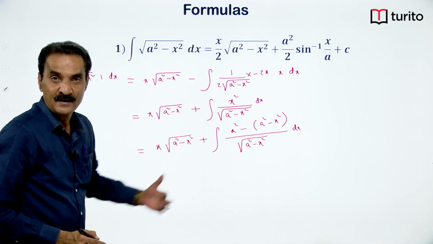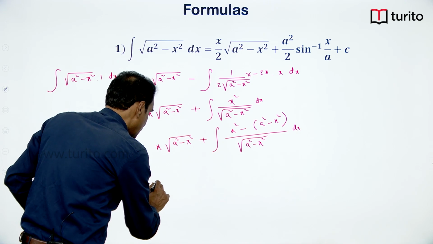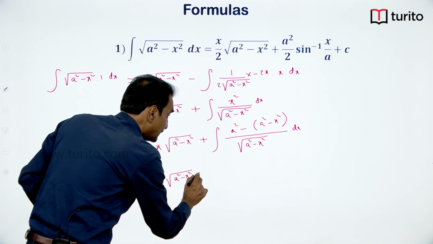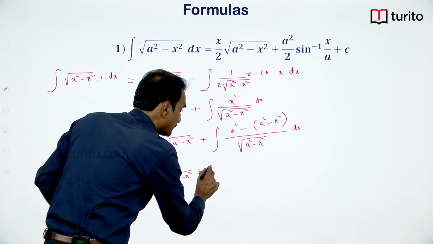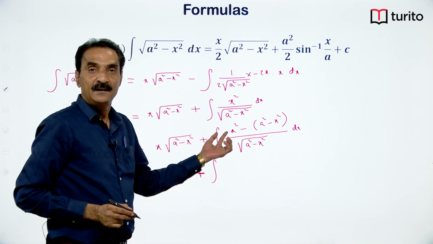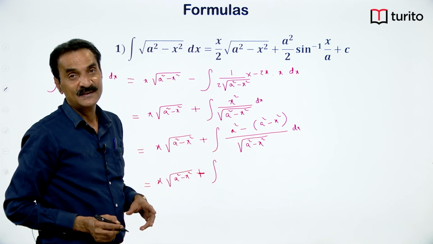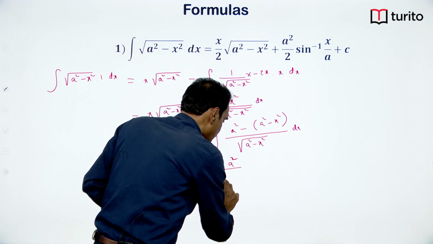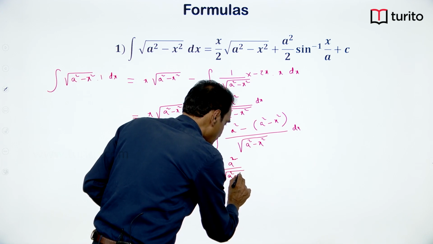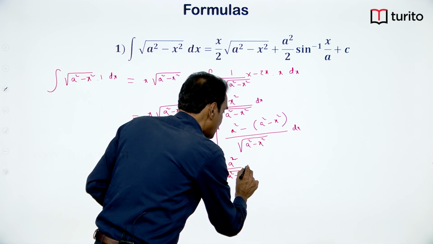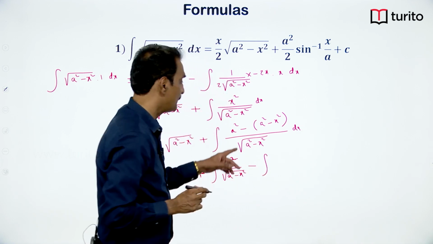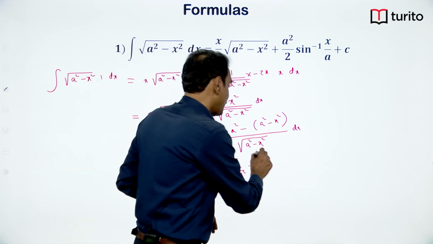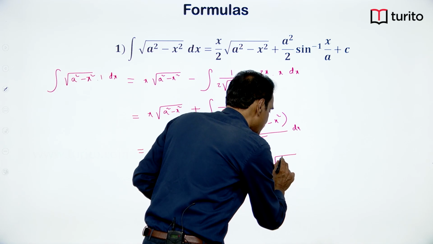Now separating the denominator: x root over a square minus x square plus integral a square by root over a square minus x square minus integral a square minus x square by root a square minus x square, that will be root a square minus x square.